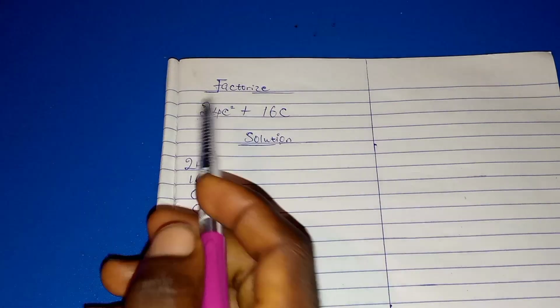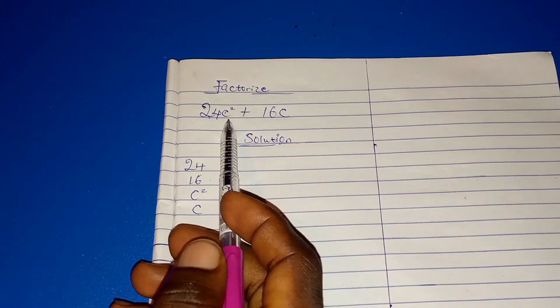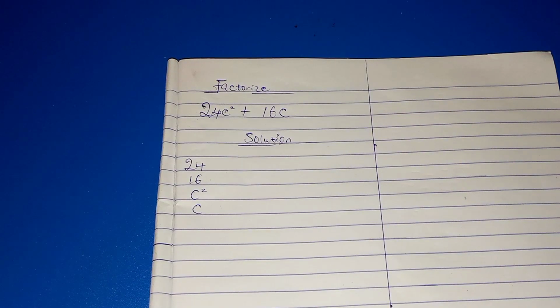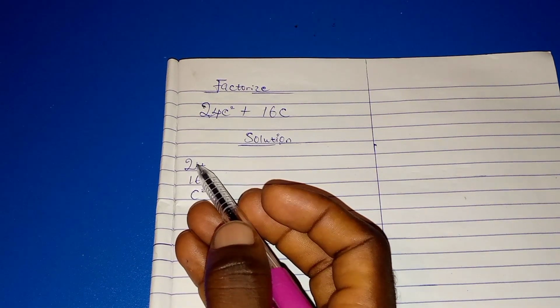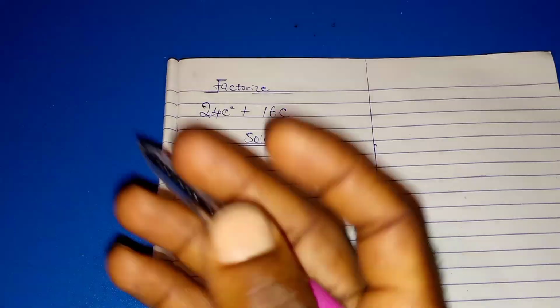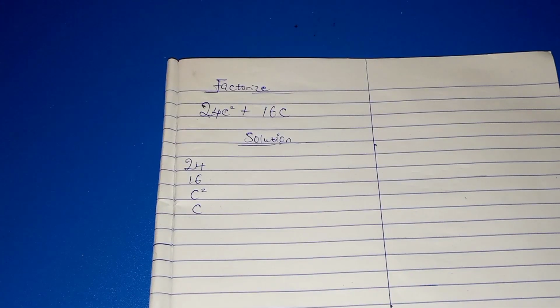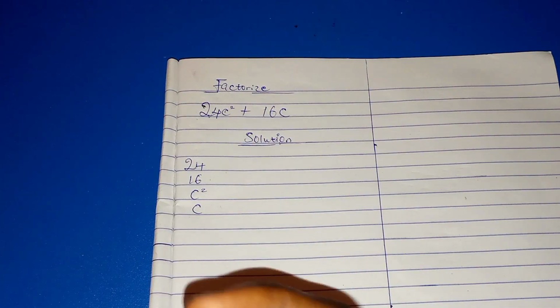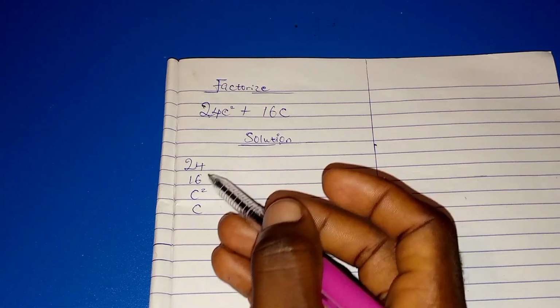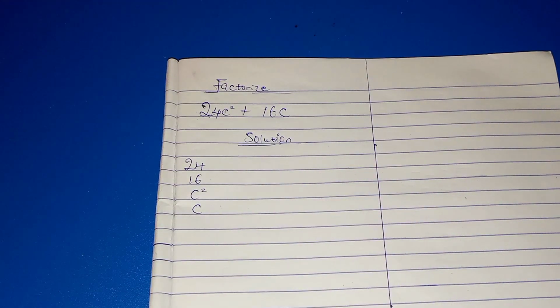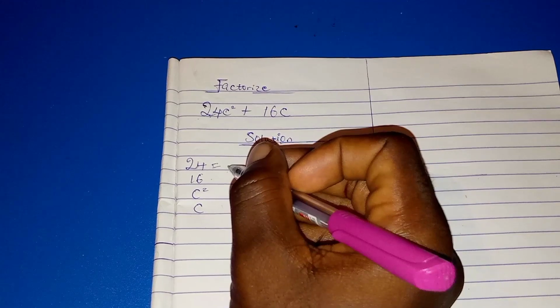So we have letters, alphabets. We are to get the highest common factor. What do I mean by highest common factor? It is the highest value that is common or identical to the factors of 24 and 16.